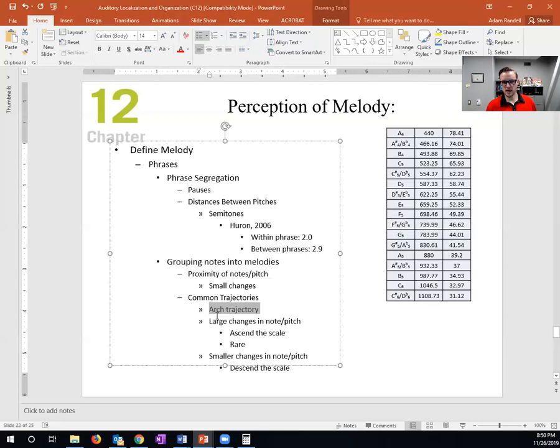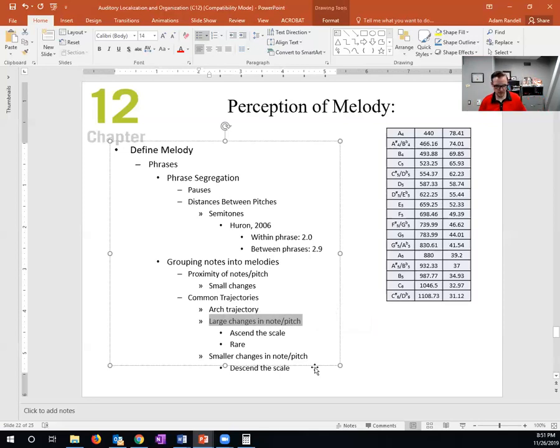But we also sometimes have changes in the trajectory. So if we have an upward trajectory, and we have a large scale change, so we're jumping from a lower note on that scale to a much higher note on that scale, it's ascending the scale, but we perceive that as a large change.